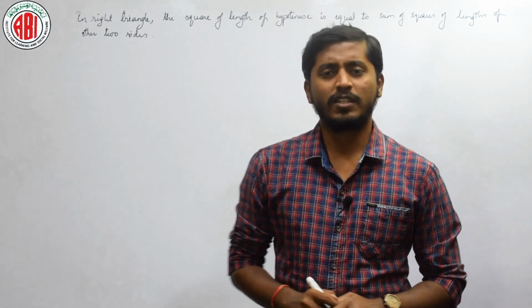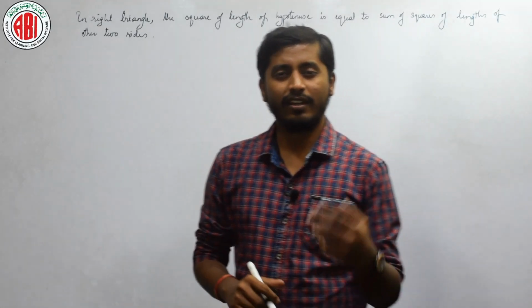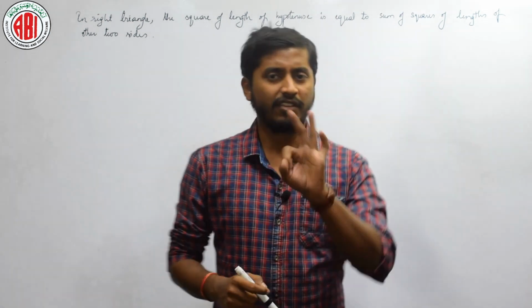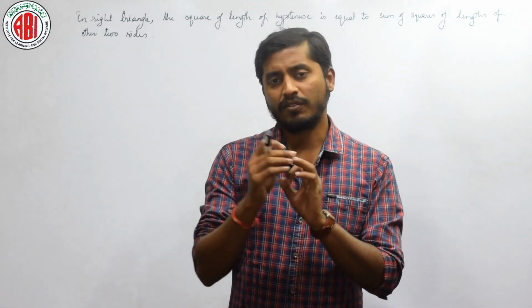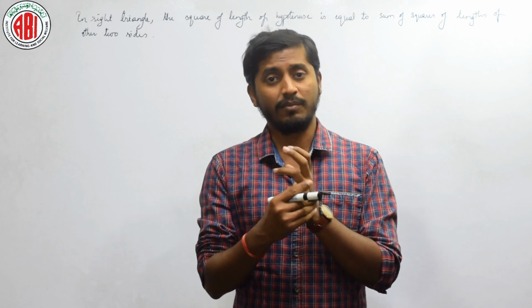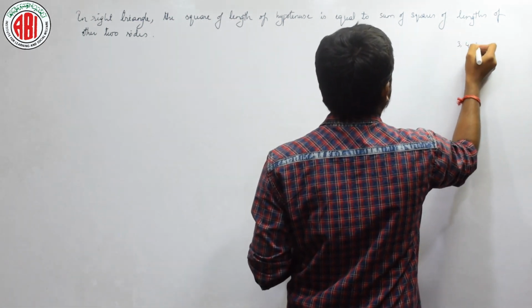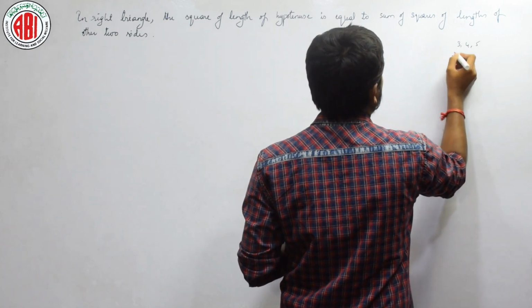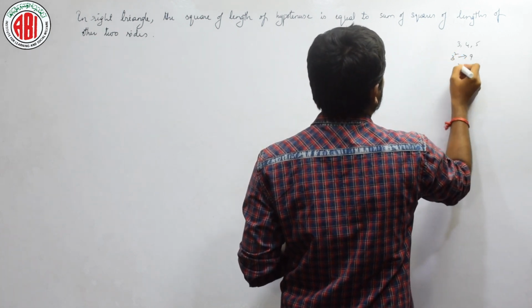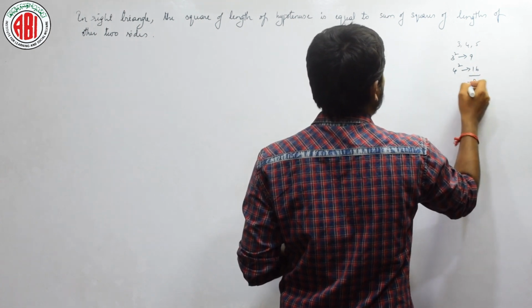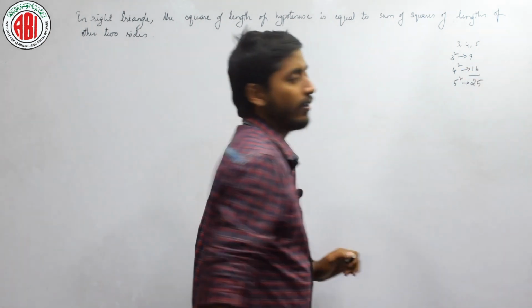What is the Pythagorean theorem? You would have studied it in your lower classes. If I have three numbers, and the sum of the squares of the first two numbers equals the square of the third, for example 3, 4 and 5: 3 square is 9, 4 square is 16. If I add both, I get 25, which is the square of 5.